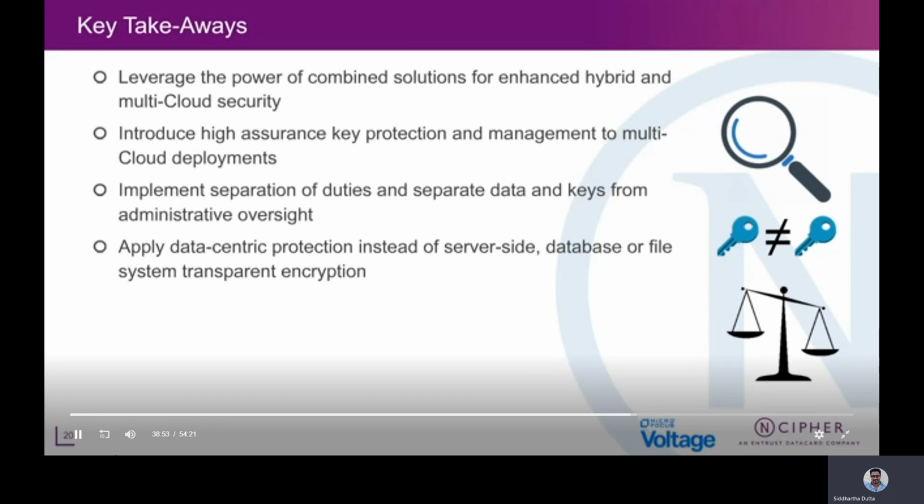Both nShield as a service and Voltage SecureData can play an important role in that. That is really where the rubber hits the road.